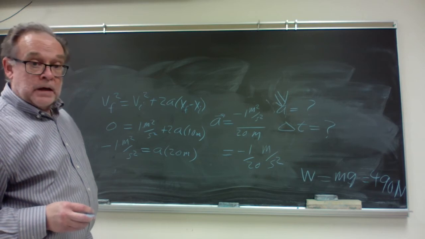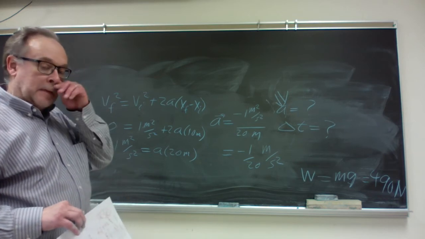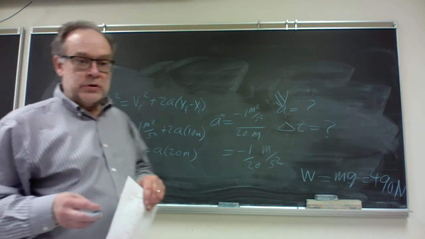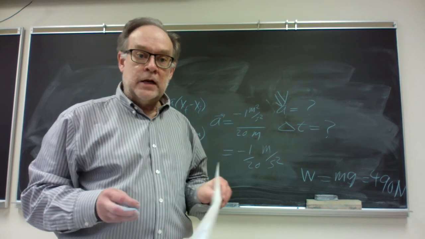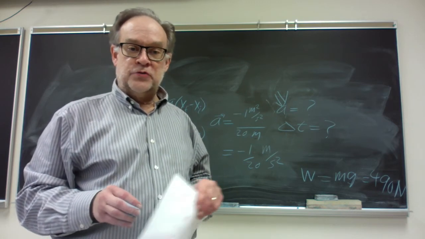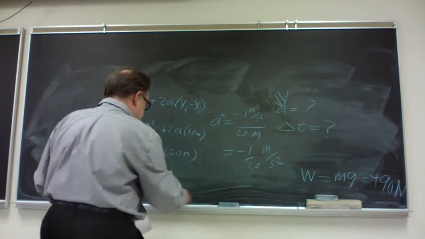And now that we know the acceleration, we can use Newton's second law and use what we know about kinetic friction in order to see what the coefficient of kinetic friction is for the ice as the stone slides across it.